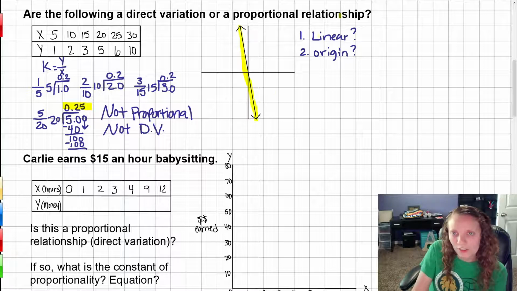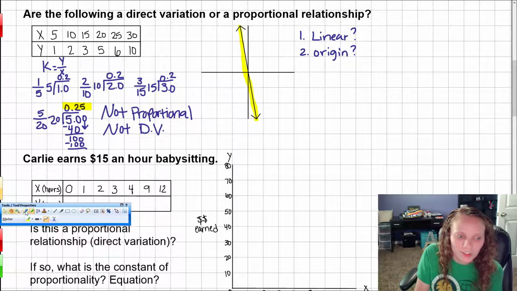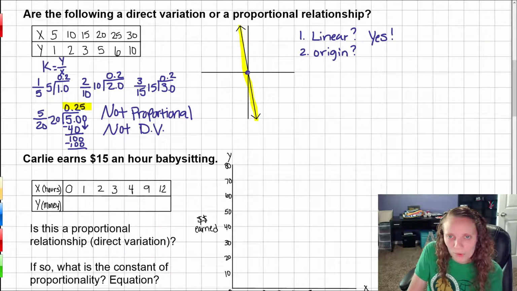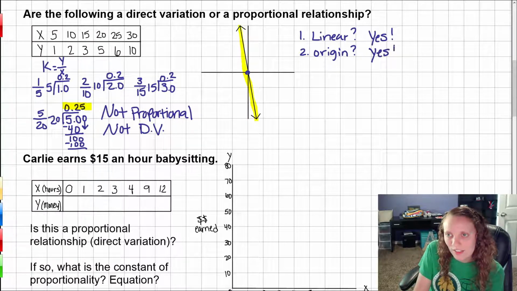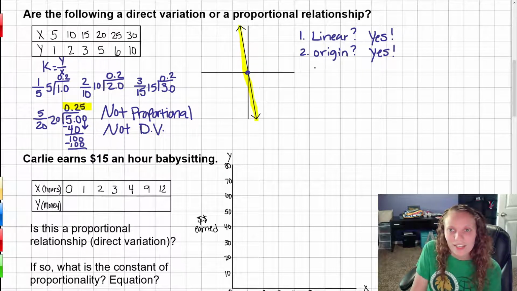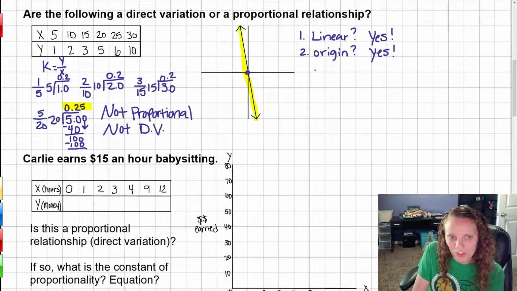There's no curves or twists or turns to it. Does it go through the origin? Remember, the origin's at 0, 0. Yes, it does. So if we answer yes to both of these questions, it is a direct variation and it is a proportional relationship.